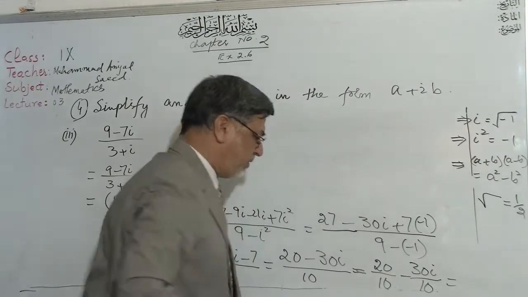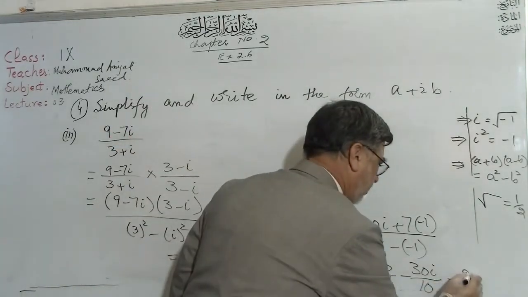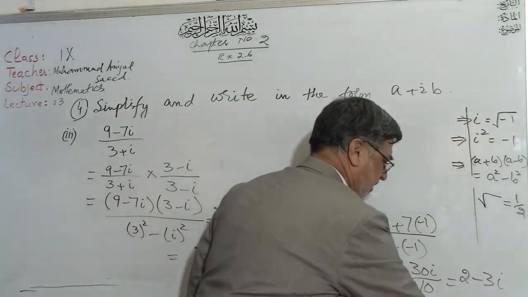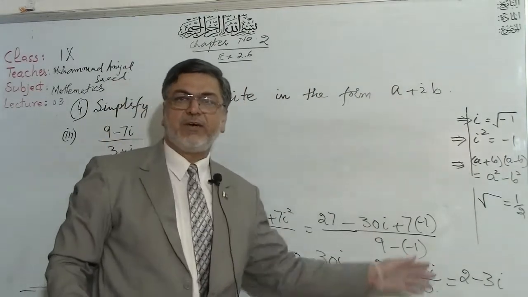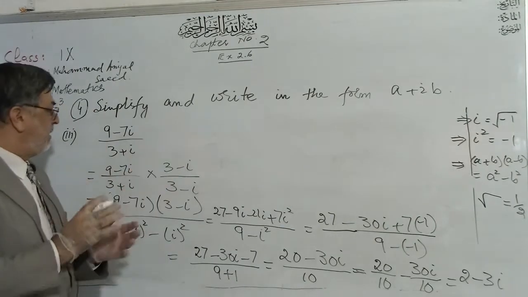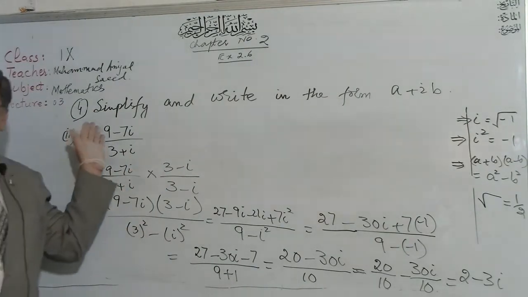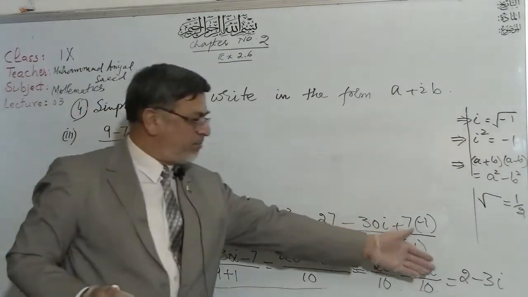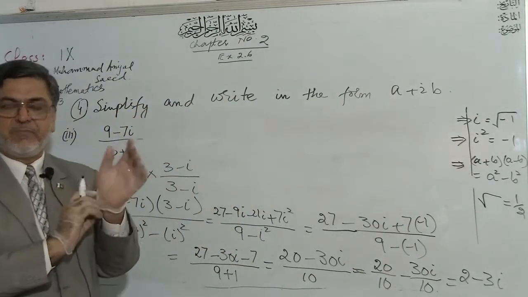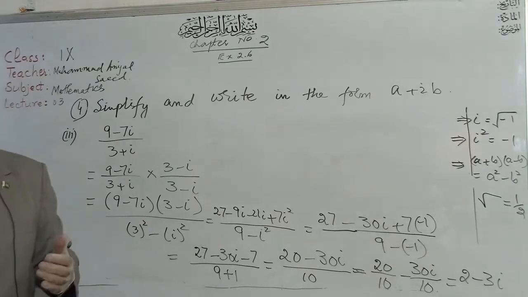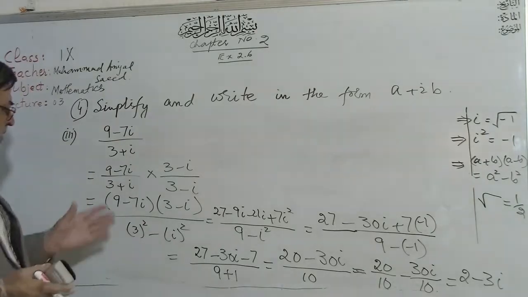That will be equal to 2 minus 3 iota. So this is the answer like a plus iota b. So we have written the fraction of two complex numbers as a single complex number as the form a plus iota b, the standard form of complex number. So that was your part number 3.